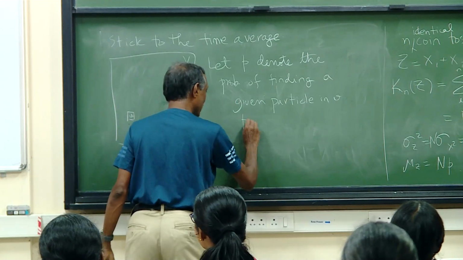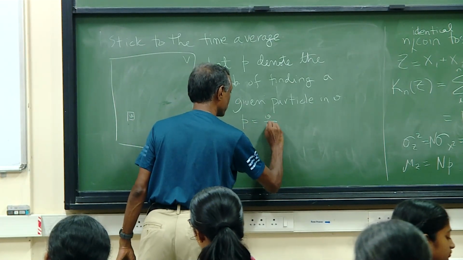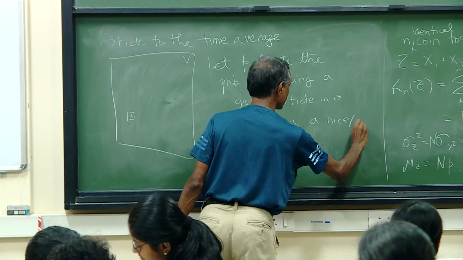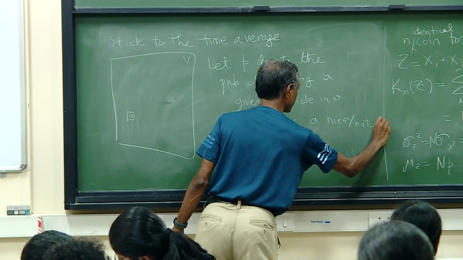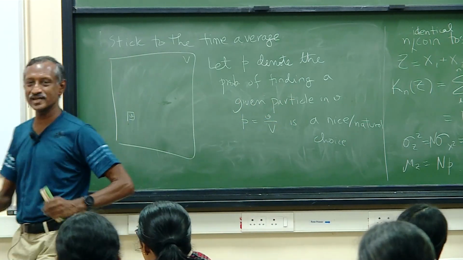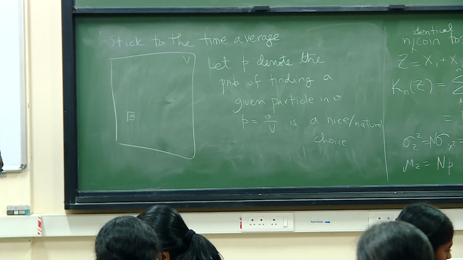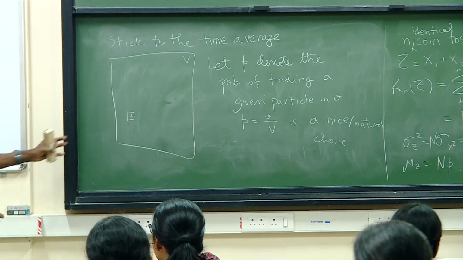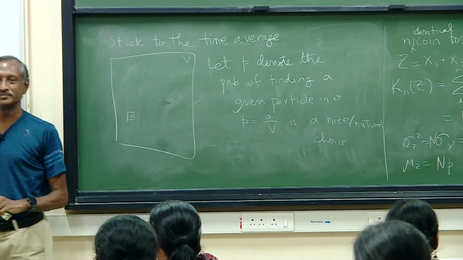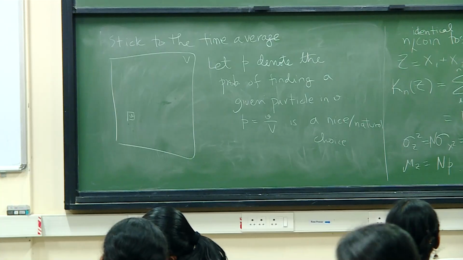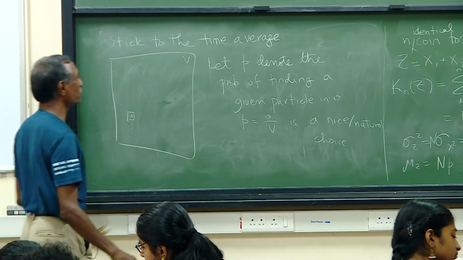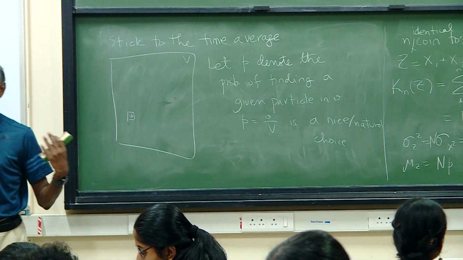So the natural choice is p equals v by V. Because it also says, if you double the volume, if you make it 2v, the probability also scales. So it should be like this. So this is the probability that we are going to use.